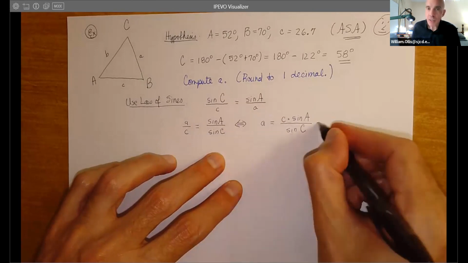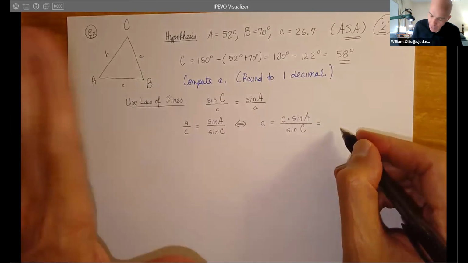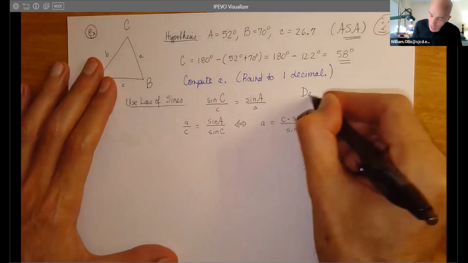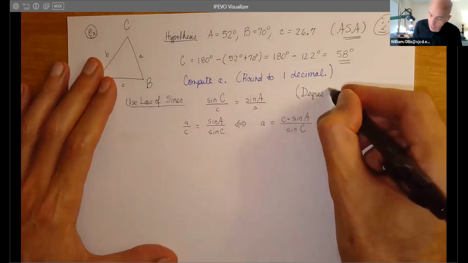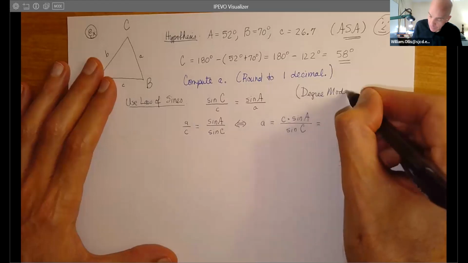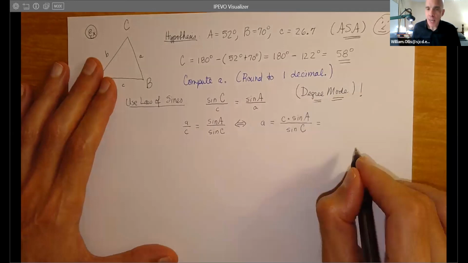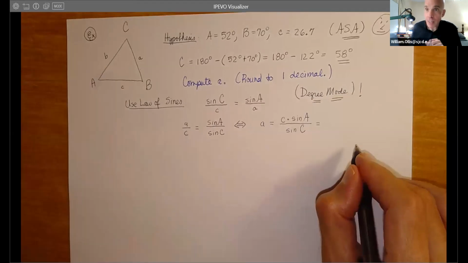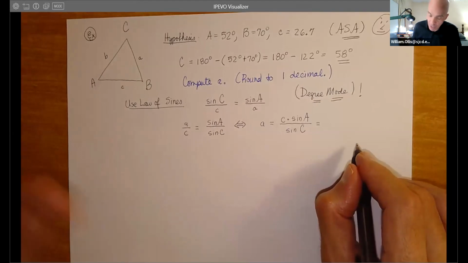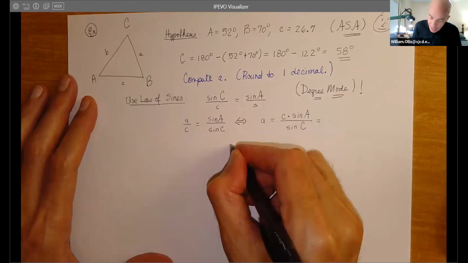Now, again, just for ease of use, degree mode. Because if we need an approximation and we're given everything in degrees, then we want our answer in degrees. So let's just go ahead and use the degree mode with the Google calculator. So now, this will say A equals what?